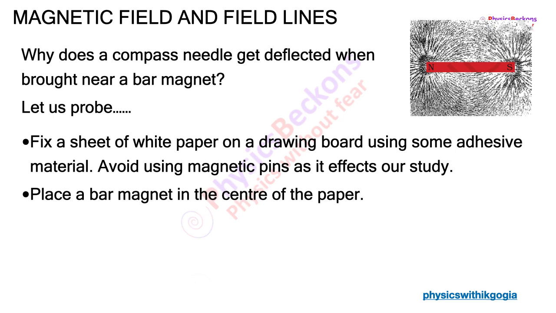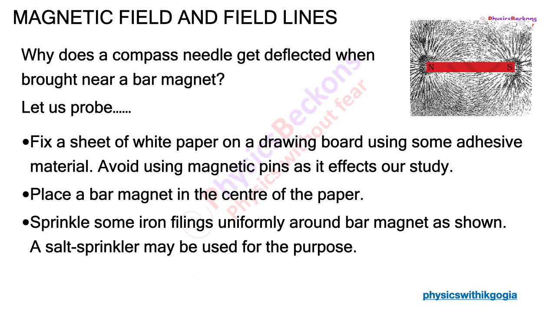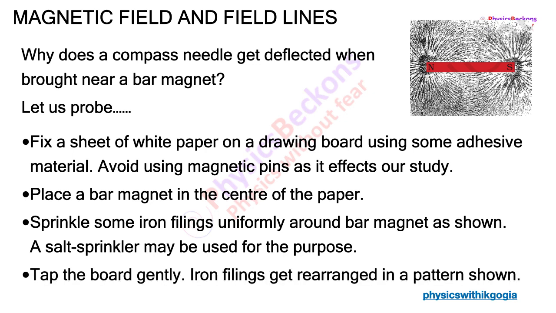Place a bar magnet in the center of the paper. Sprinkle some iron filings uniformly around the bar magnet as shown. You can use a salt sprinkler for the purpose. Then tap the board gently.